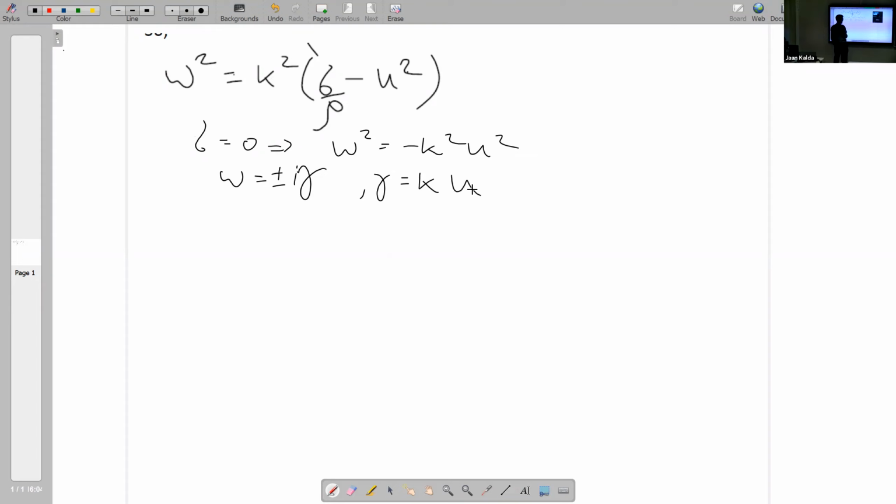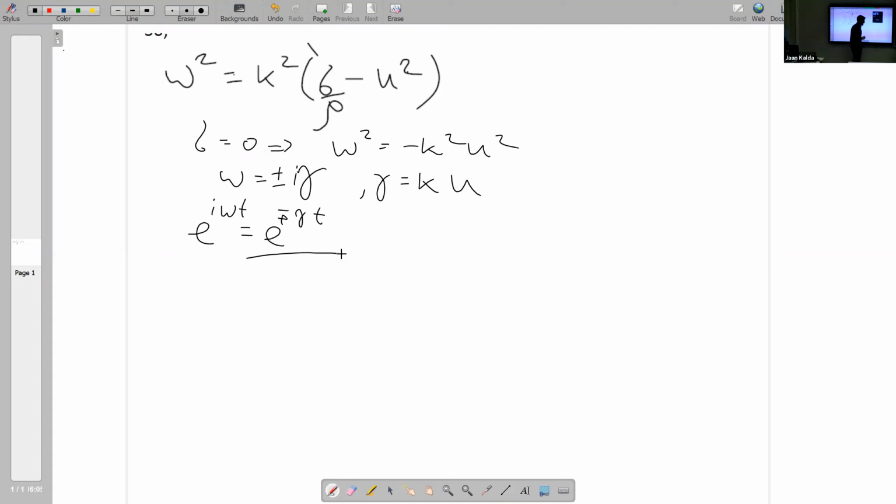So the perturbations start growing according to the exponent e to the power of i omega t, which is e to the power of minus plus gamma t. Now we have both plus and minus.